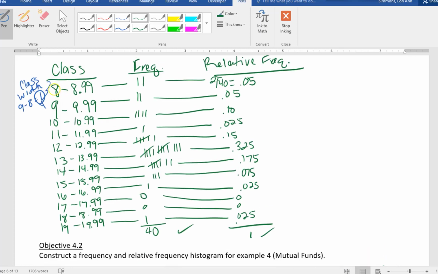Obviously, that would be kind of not within the norm of all the other rates, so we would keep it open. That way we don't have a whole bunch of classes in between that are 0. And same thing with this. This could be open-ended if this 19.9 was gone. That way it can include any values higher than 19.